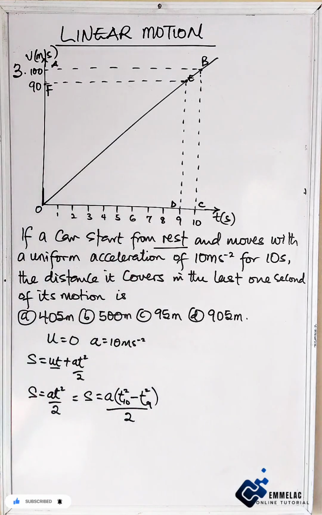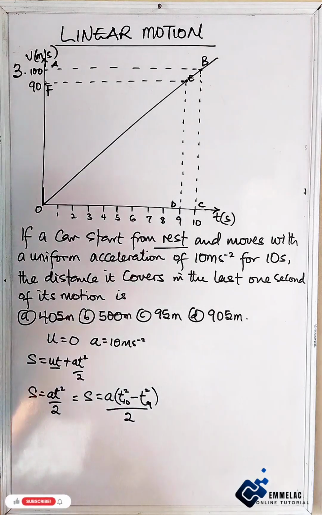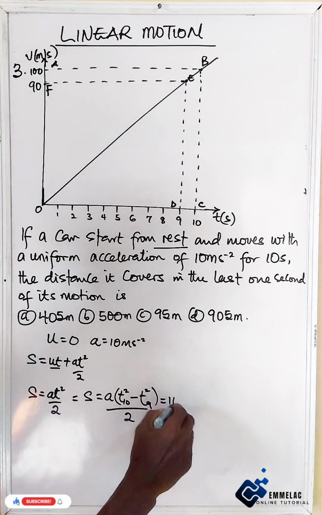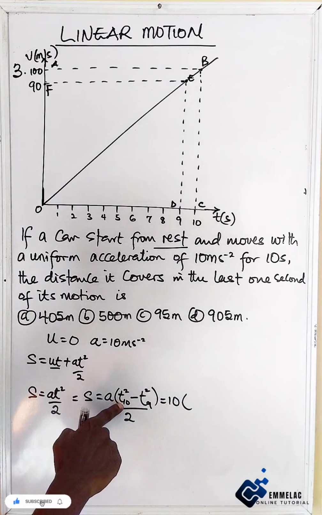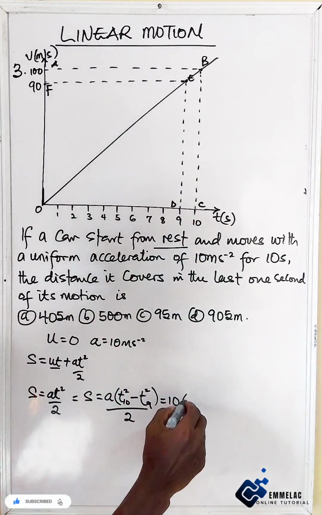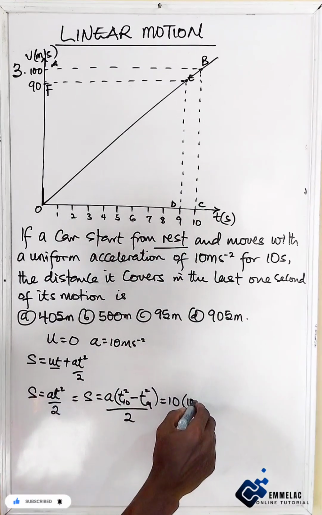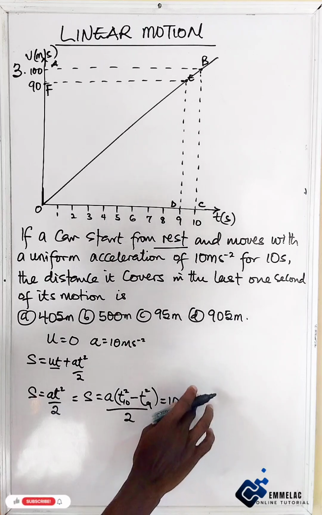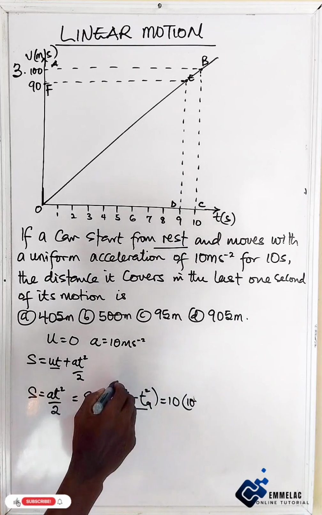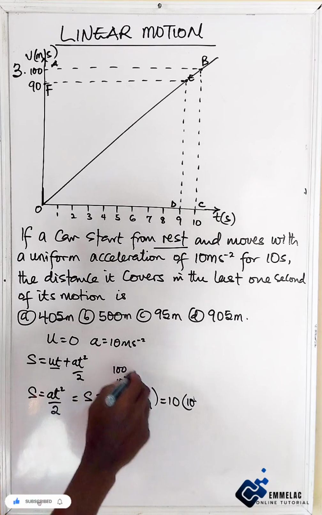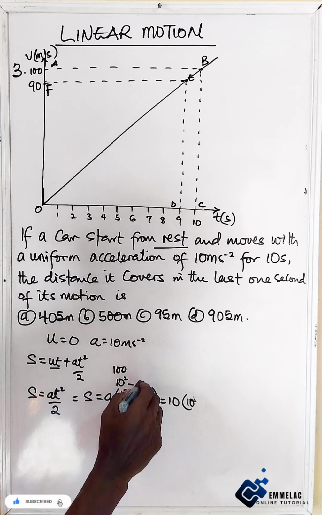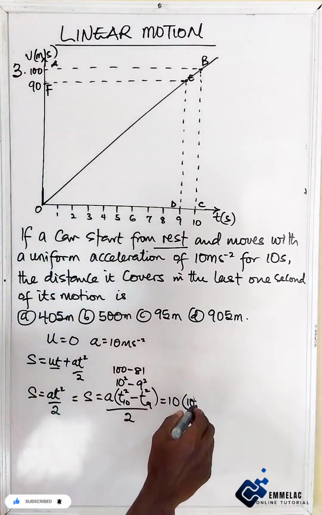So we have 10 times, for the 10th second, 10 raised to the power of 2, which is 100, minus 9 raised to the power of 2, which is 81.